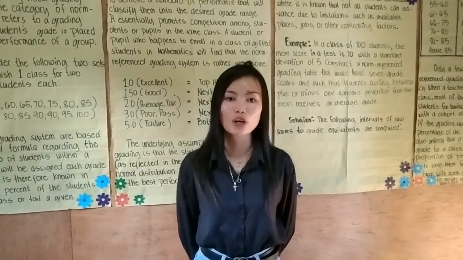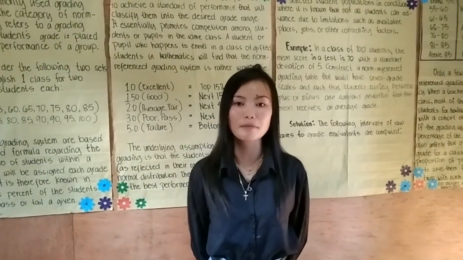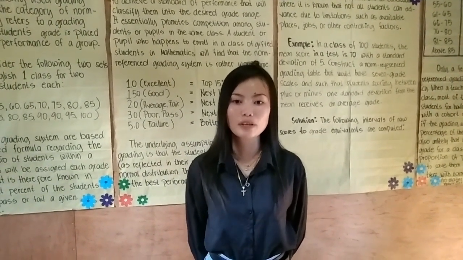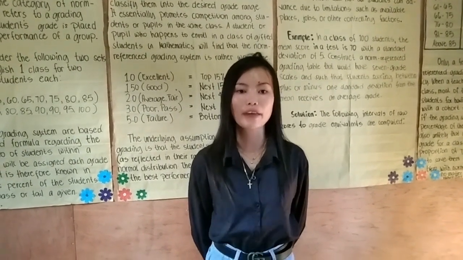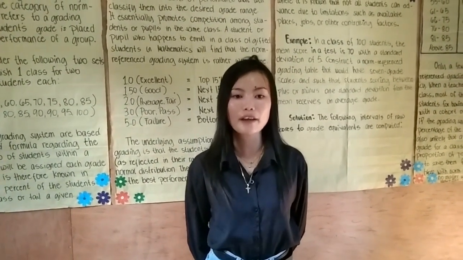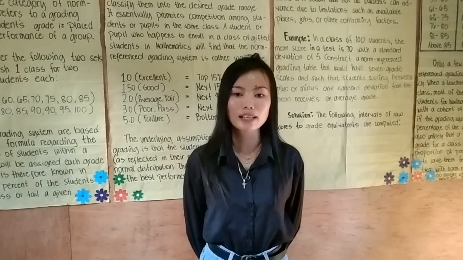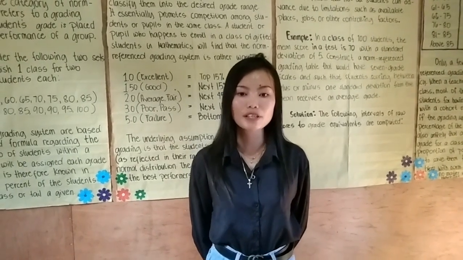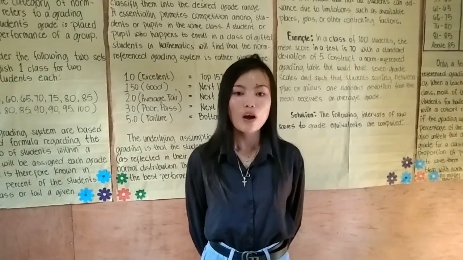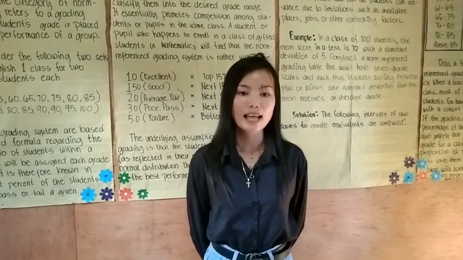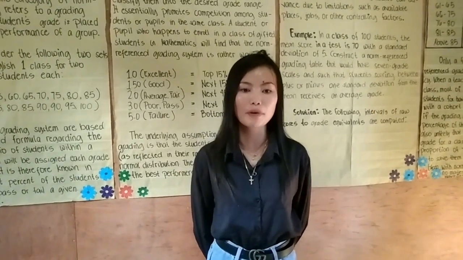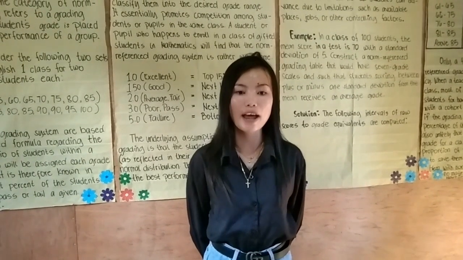In addition, norm reference gives educators the ability to easily measure student ability and skill development. Norm reference systems are very easy to use. They work well in situations requiring rigid differentiation among students where, for example, program size restrictions may limit the number of students advancing to higher level courses.